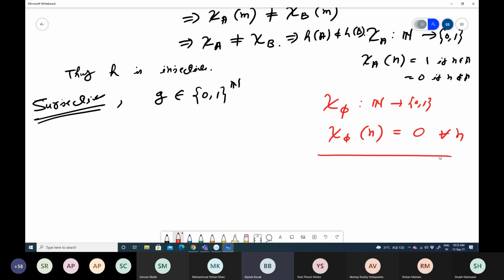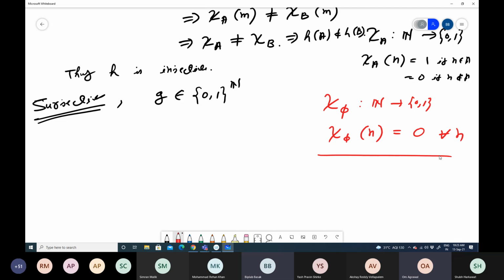Now guess another set, so that H of that set will be G. That is not a difficult one. A collection of all the elements x such that G of x is equal to 1.